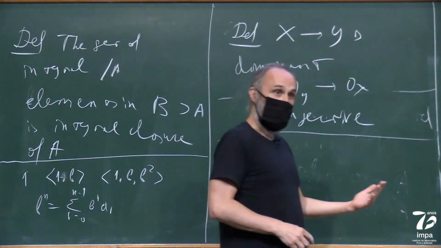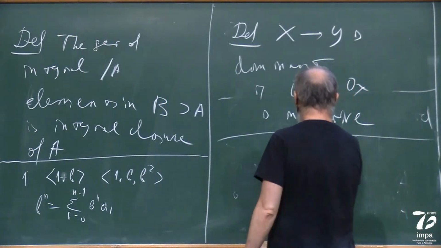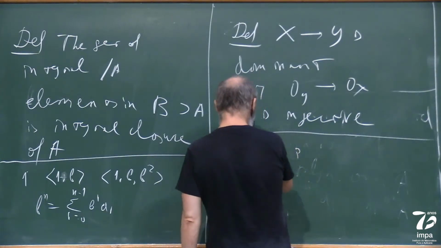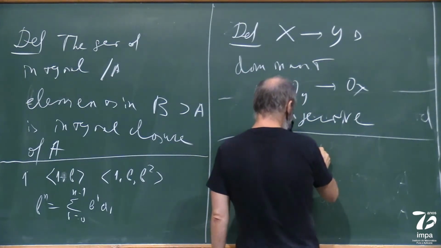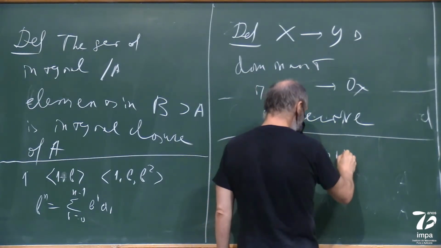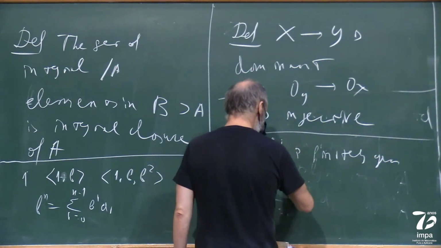And then it's finite. Finite means that O of X is finitely generated as an O of Y module.